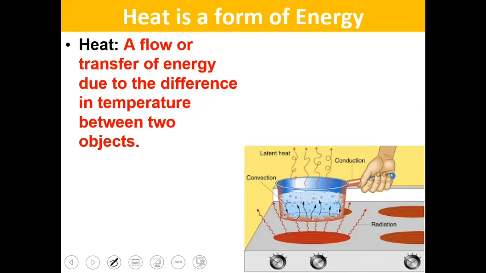Heat is a flow of energy, ladies and gentlemen. This is one of the most important parts of today's lesson. So I want you to copy it first and then look at the diagram. Heat is a direction, a flow of energy because of the difference in temperature between two objects. When I talk about that, I always talk about some heated object.